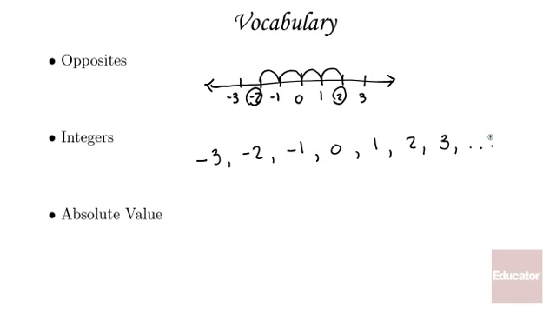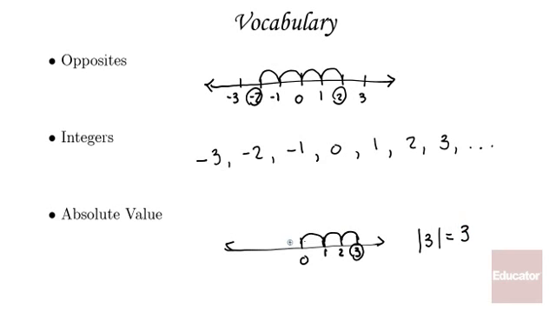Absolute value measures the distance a number is away from 0. For example, on a number line, the absolute value of 3 is 1, 2, 3 units away from 0.